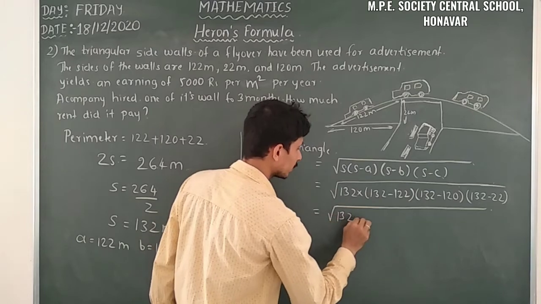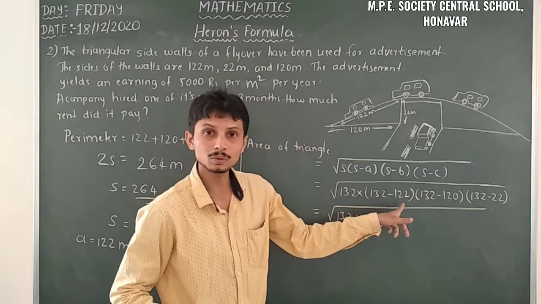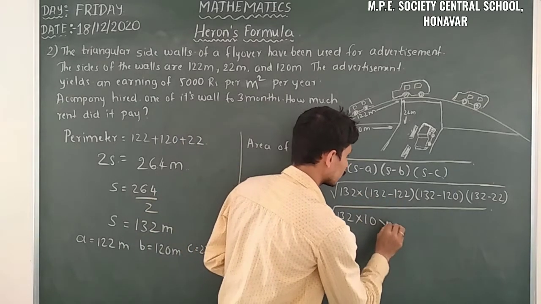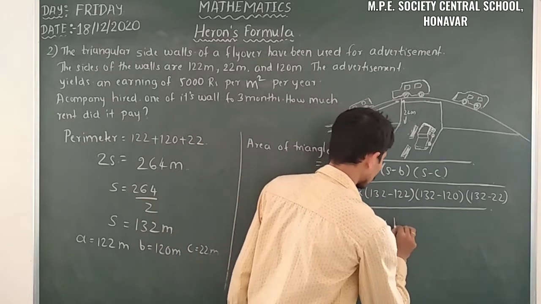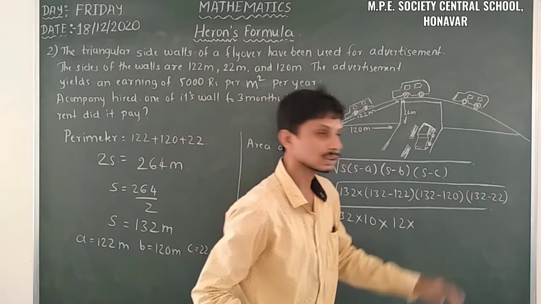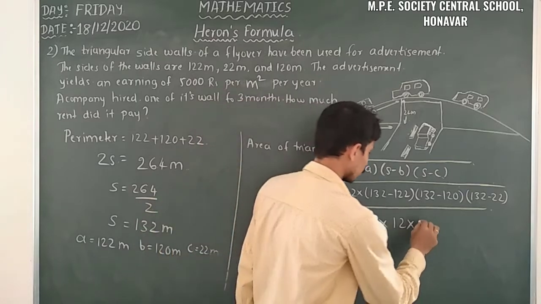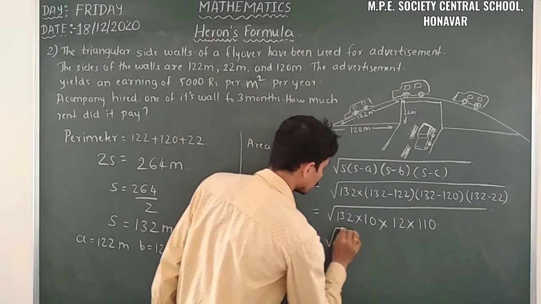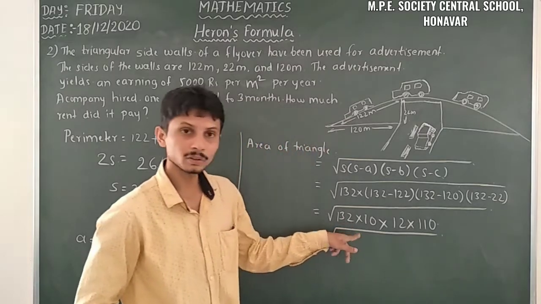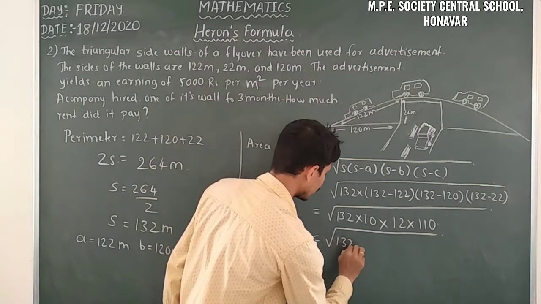Here it is 132 remains as it is. Then 132 minus 122 it is 10, into, here 132 minus 120 means it is 12, into 132 minus 22 means it is 110. Yes. So here the square root of, here it becomes 132 into 10, 1320.